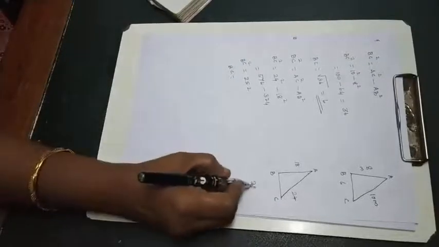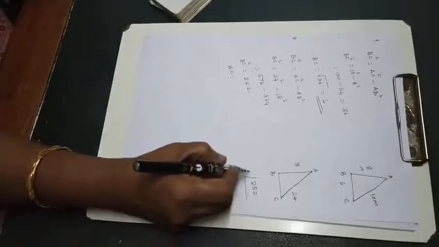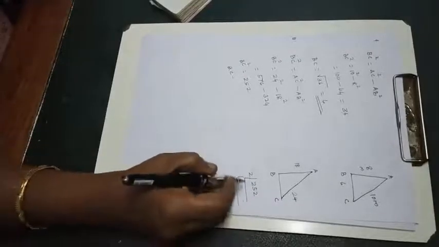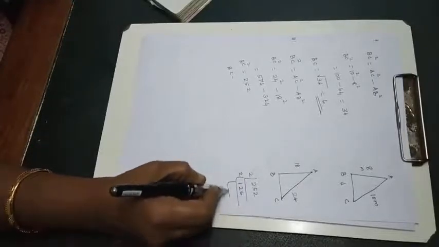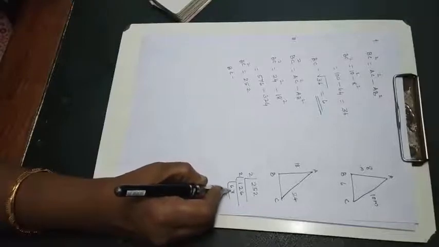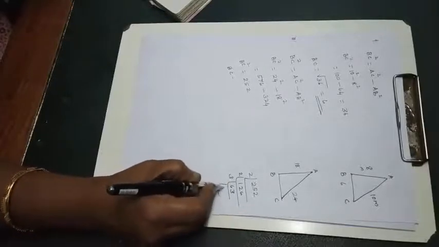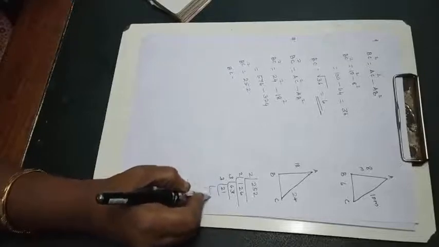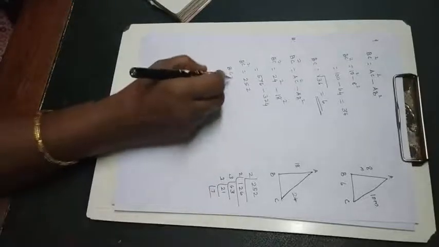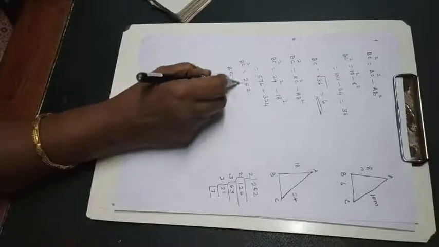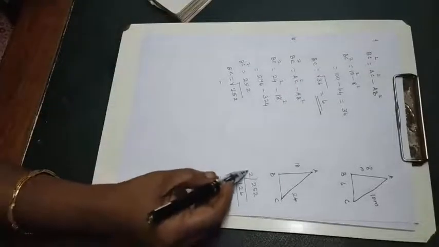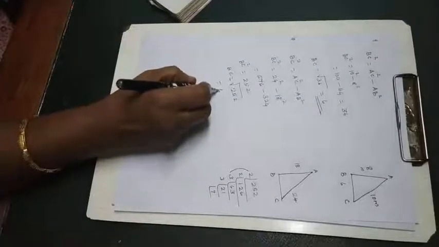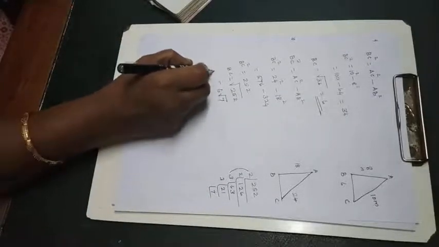So 252, when you are prime factorizing that one, 6, then again 3 and 7. So BC will be equal to root of 252. So it will be 2 into 3, 6 root 7. So BC is equal to 6 root 7 you will get.